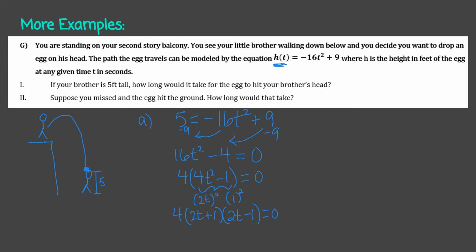And so now you would need to set both of those equal to 0. If I set this one equal to 0, I would get t equals, I would have to subtract 1 and then divide by 2. So that would give me a negative 1/2. Over here, when I set that equal to 0, I would add 1 and then divide by 2. So that would be a 1/2.